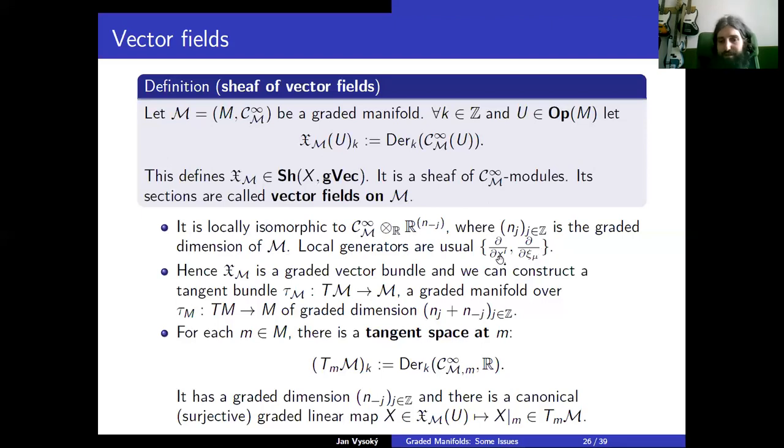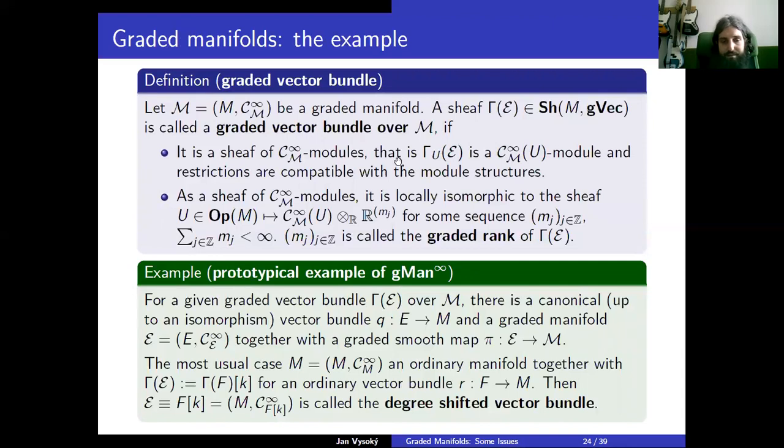This one has degree 0, and this one has degree minus the degree of psi mu. This is why there is minus j here. In particular, this sheaf is a sheaf of modules which is locally finitely generated, meaning it's a graded vector bundle in this sense, as I told you three slides back.